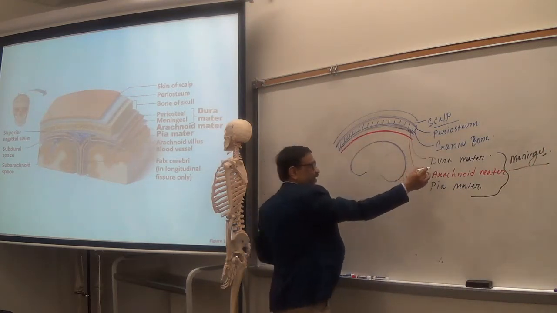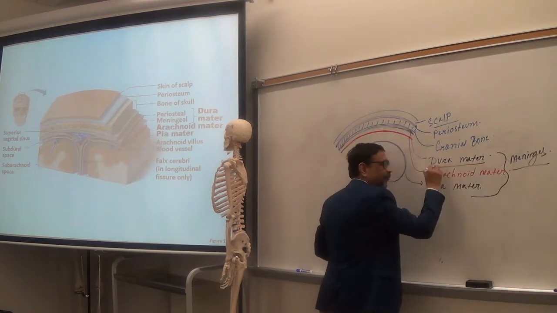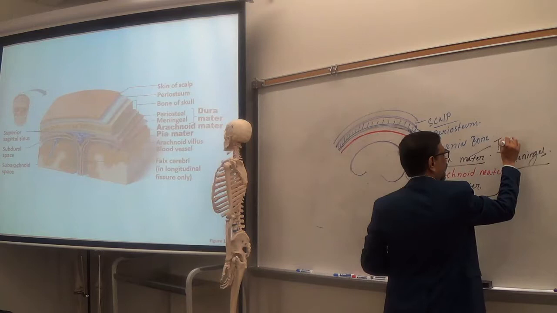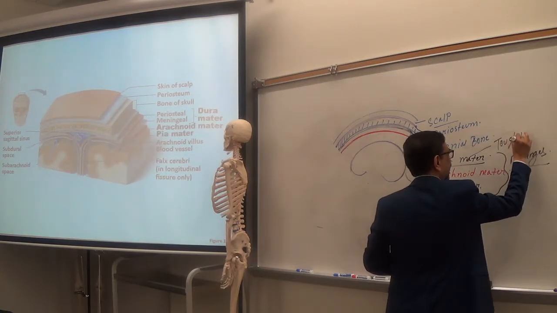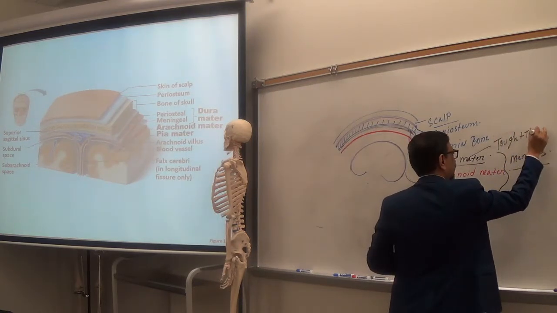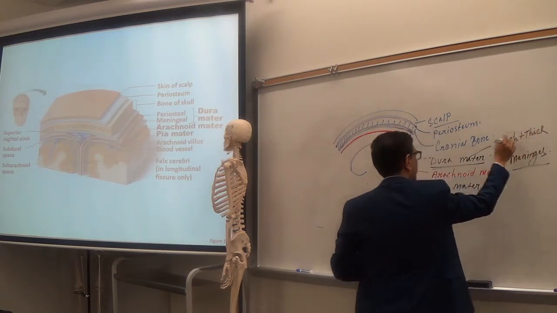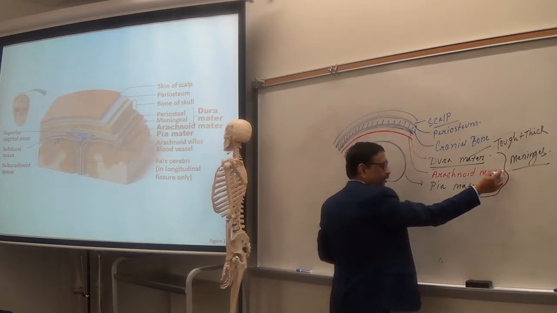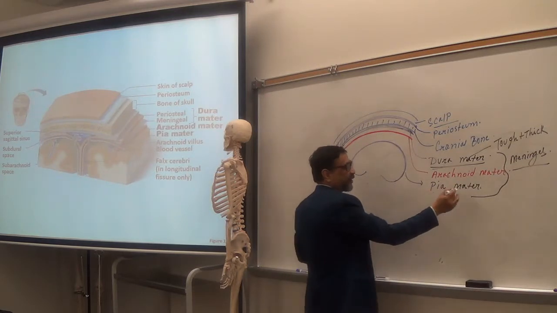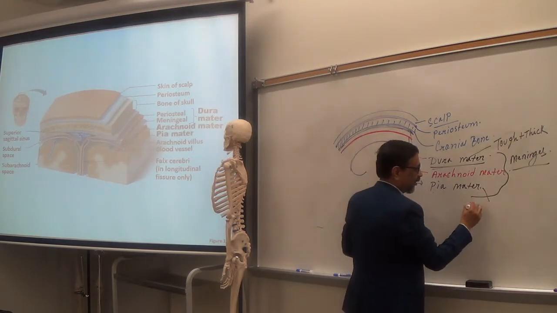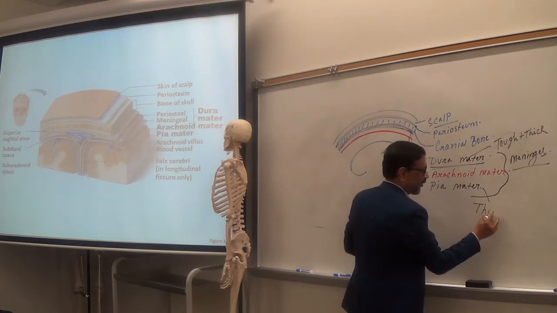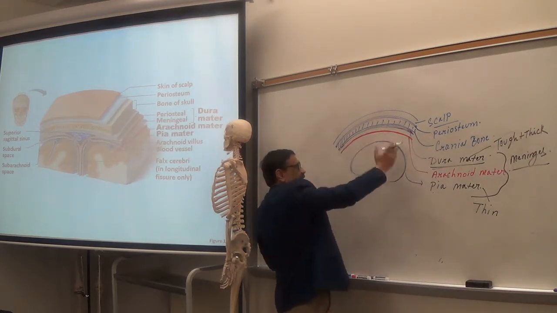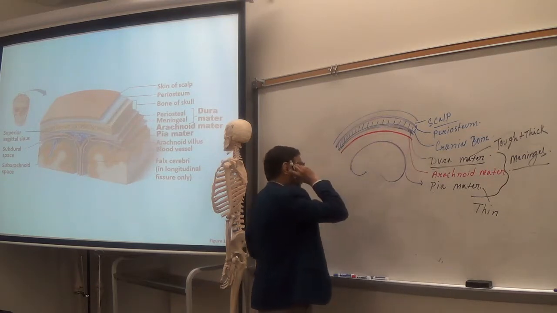Outermost is the thickest and toughest one, that is the dura mater. Middle one is the arachnoid mater, and innermost thin one, which is attached to the surface of the brain directly, it is difficult to separate, that is the pia mater.